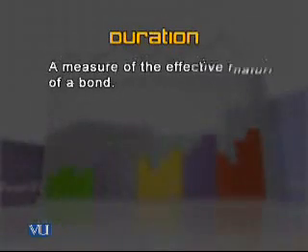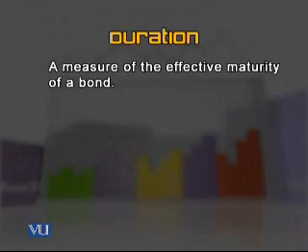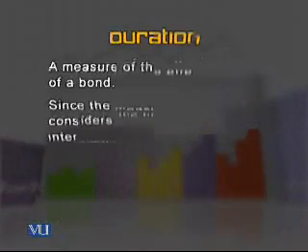I need not emphasize once again that it is very different from maturity. That has to always be kept in the back of your mind. So, duration is a measure of the effective maturity of a bond.